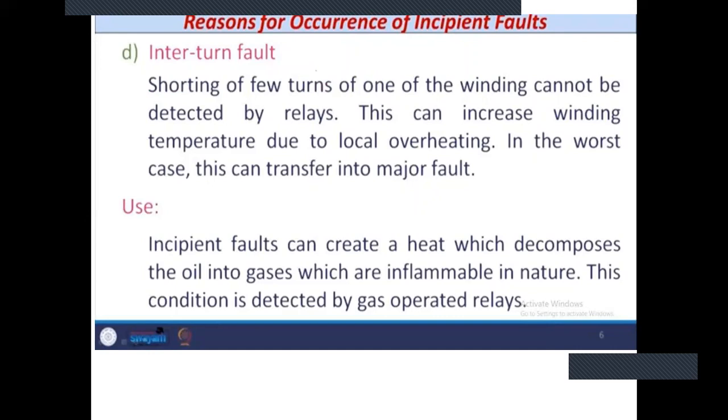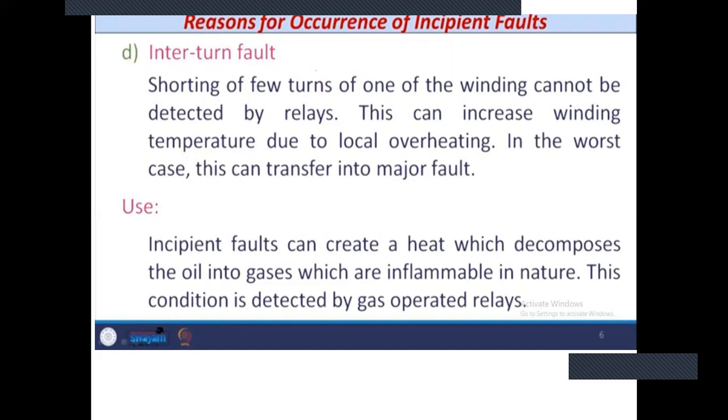Now let us see how to detect such types of incipient faults that occur in the transformer. We know that whenever such an incipient fault occurs, maybe because of an interturn fault, leakage of oil, or some other reason, this type of fault produces heat.